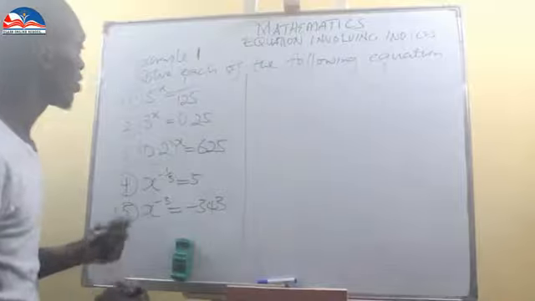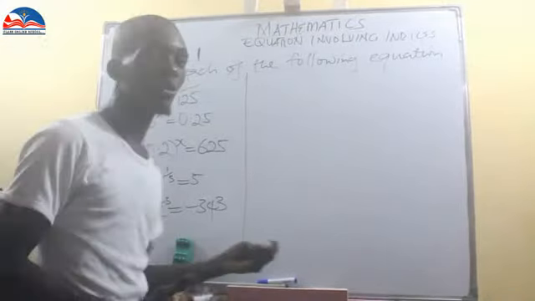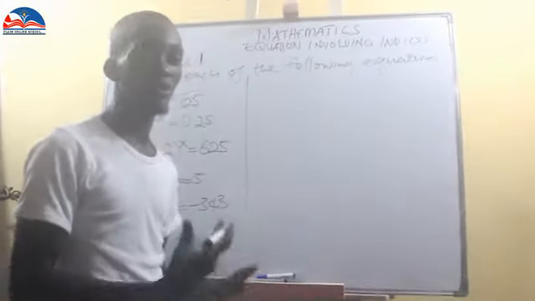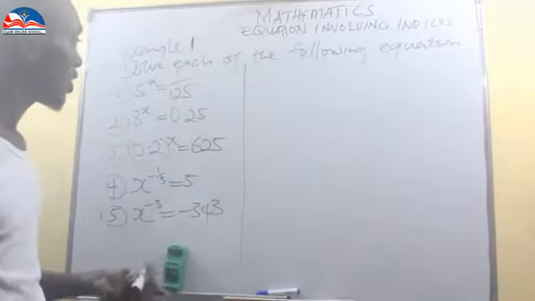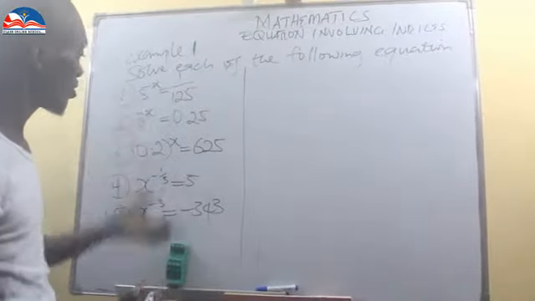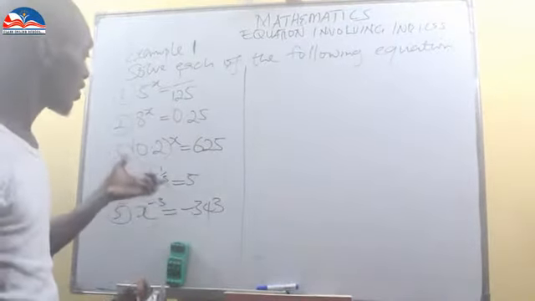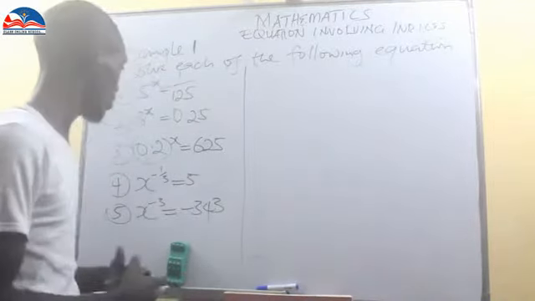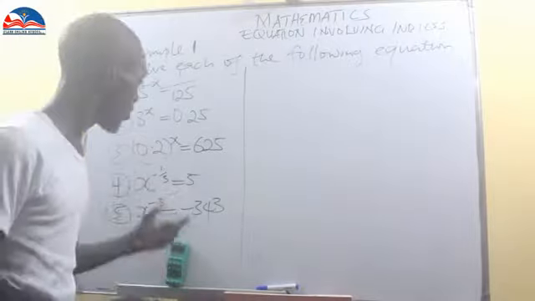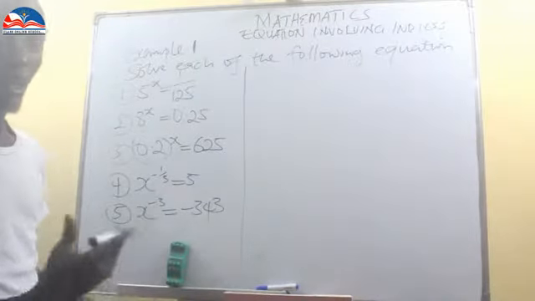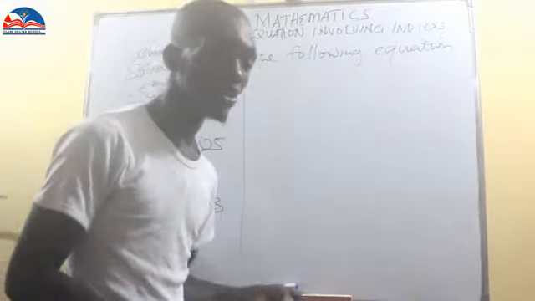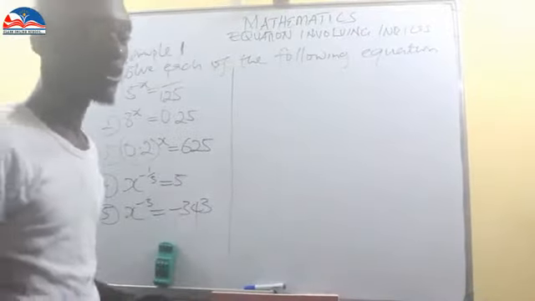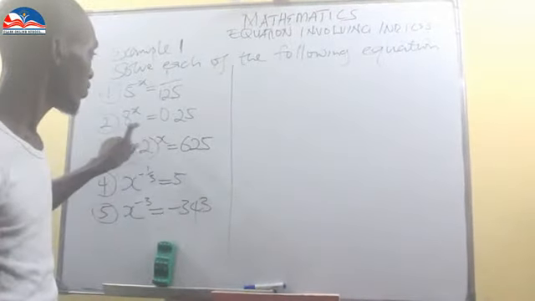Now, as we are looking into indices, you can see that in each of these questions we have the indices and the equation together. You have the equal to sign and you have indices.